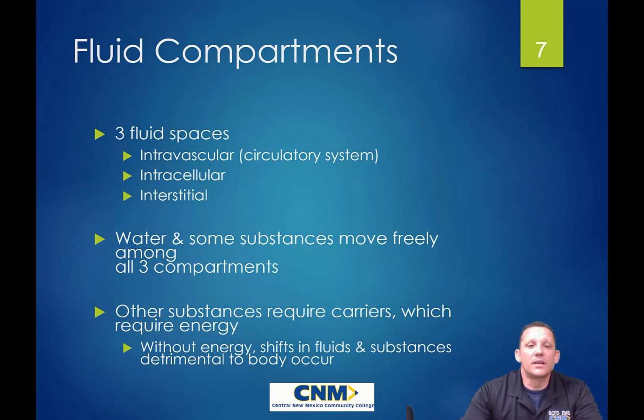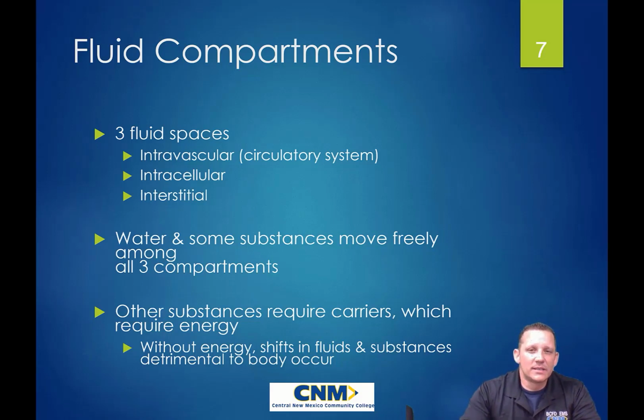So this is water, and some substances move freely among all three compartments. And again, that's that kind of a diffusion osmosis principle. You really just need to understand that water has a static pressure throughout the body, and it will go to low places. It wants to balance everything out. Anything else that's inside the body, if it wants to be pushed into a cell, it requires a carrier, and this requires energy.